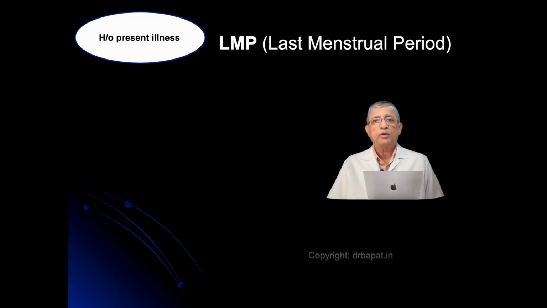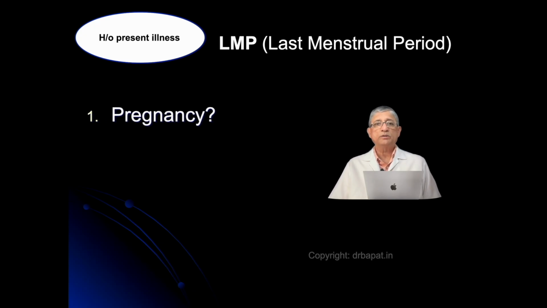It is important to know the last menstrual period and possibly the one before that for two reasons. That may give an idea if the patient is pregnant. During pregnancy, you must avoid taking X-ray of the abdomen and also the medications which have deleterious effects on the fetus.